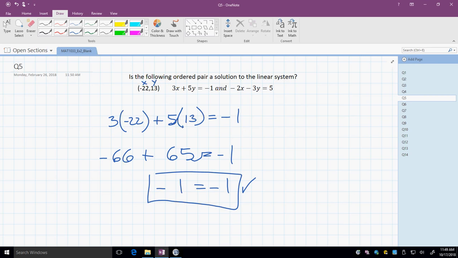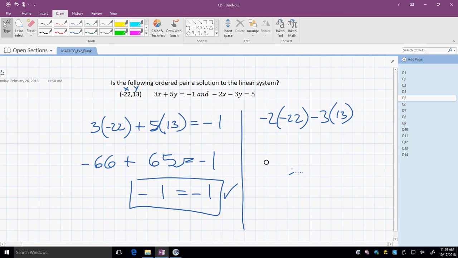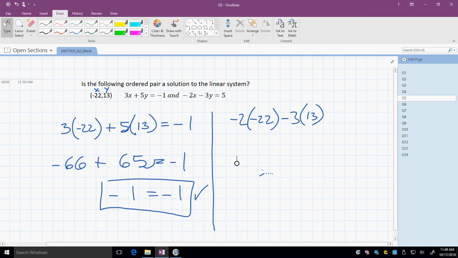Now we're going to do the next one. We're going to do exactly the same thing. -2 times (-22), -3 times (13), equals 5. A negative times a negative gives me a positive, right?